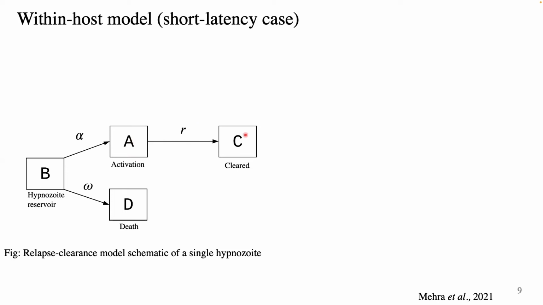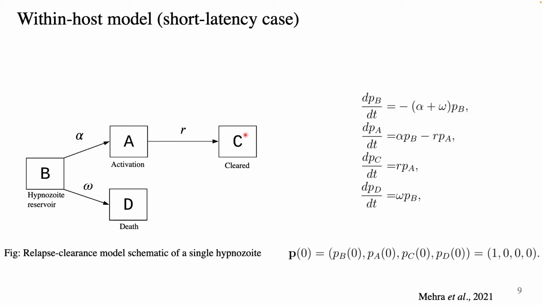So there are 2 final states: removal by death, or by activation and then clearance. The model uses Kolmogorov differential equations to track the probability of that hypnozoite being in each of the different states.